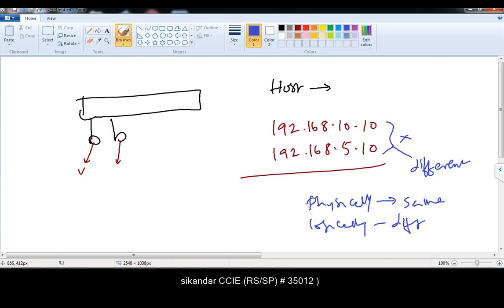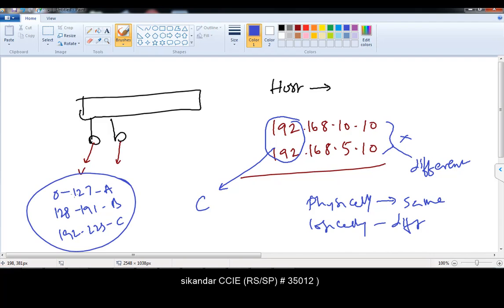They cannot communicate, because whenever you see any address, first you have to identify the class to which this IP address belongs. If you remember, the range 0 to 127 is A class, 128 to 191 is B class, and 192 to 223 is C class. Now 192 falls in the C class.